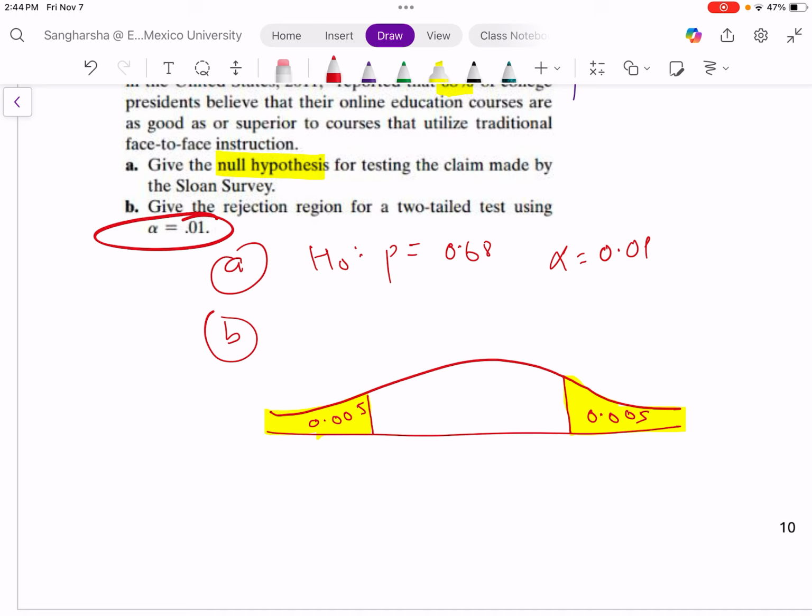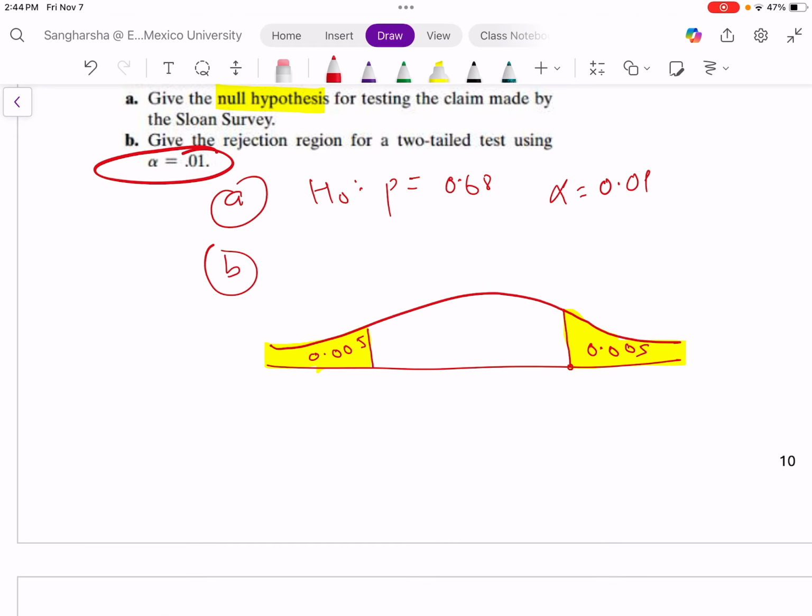Here I think we can also write down our rejection region in terms of z. So let's find the z for this point. The area from 0 to this point is 0.5 minus 0.005, which is 0.495.